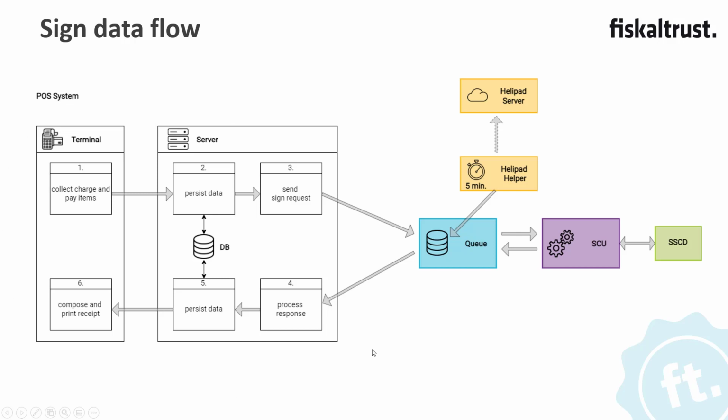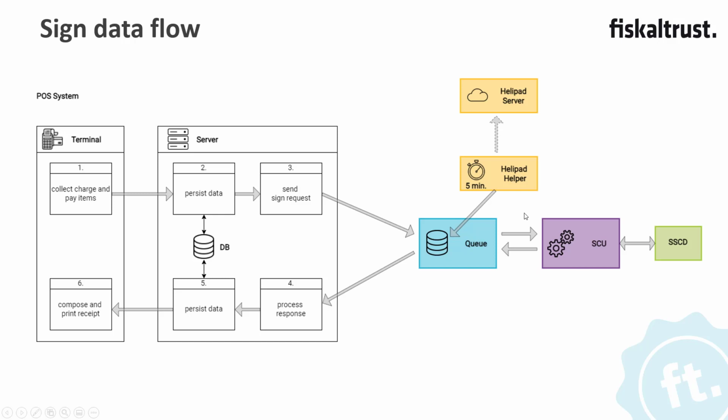The point here, though, is that we again see that the terminal, for example, in this architecture, collects charge and pay items and sends them to the server, to the POS system, which then persists this data and sends the sign request. The middleware does what it does best and answers with a sign response. You should also persist this data afterwards, just to be sure, and then you can take this information and print it onto the receipt.